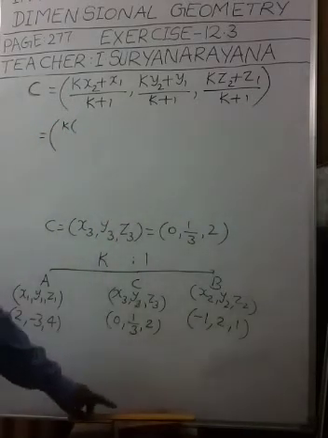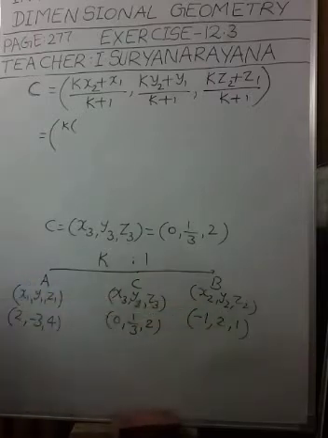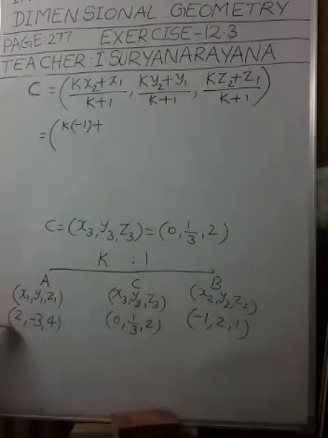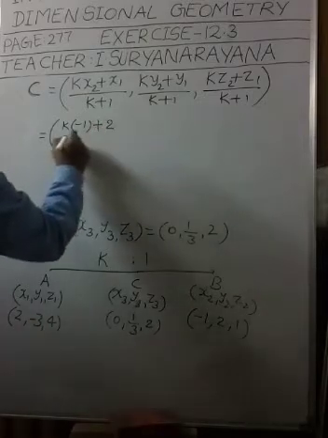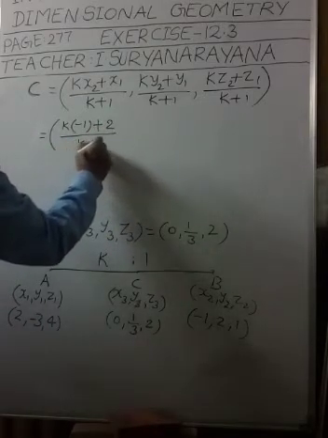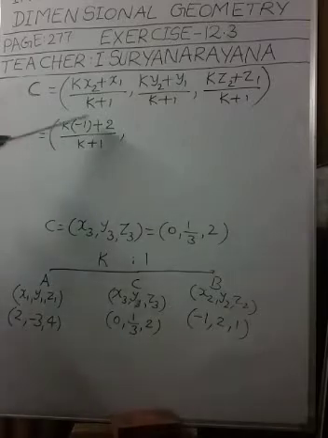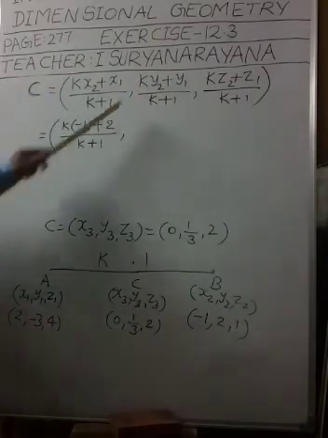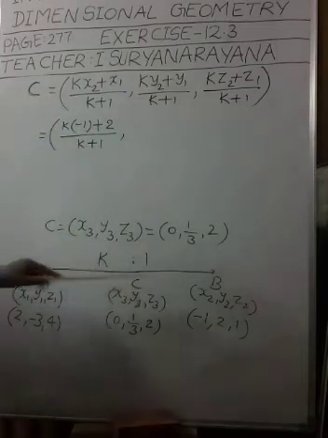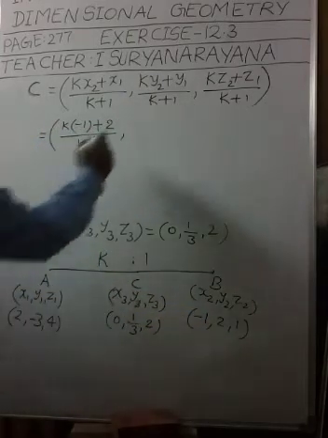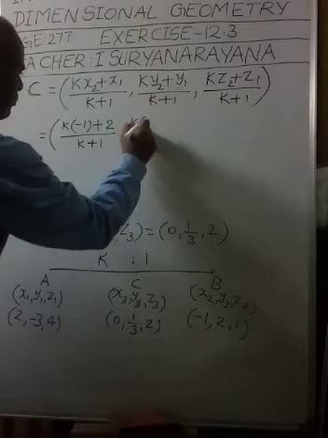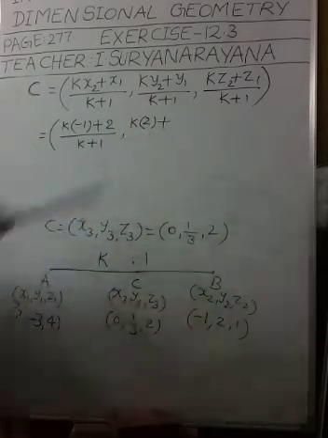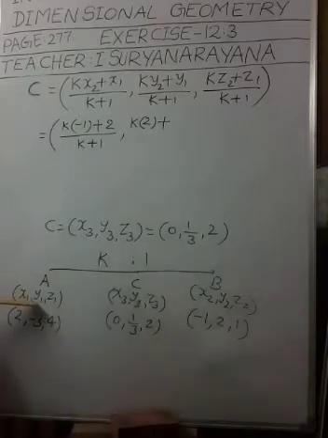k into what is x2 here? -1. k into -1 plus what is x1 here? 2, by k + 1. This is the x coordinate. Now the y coordinate: k y2. What is the value of y2? 2, plus y1. What is the value of y1? -3.